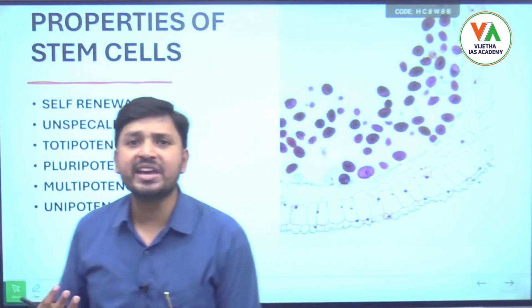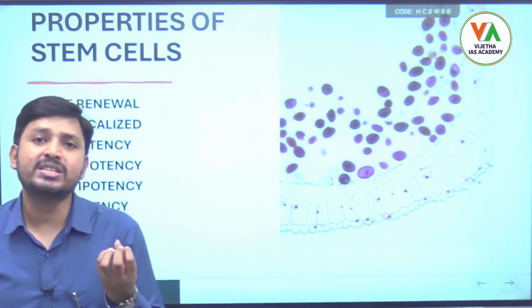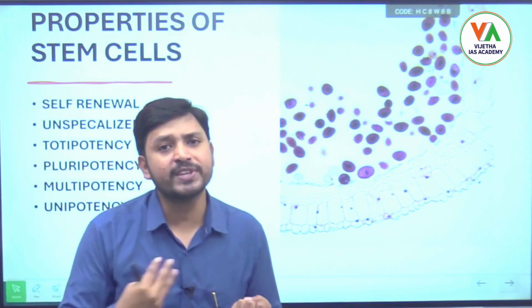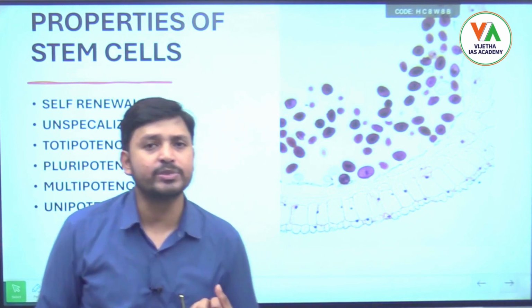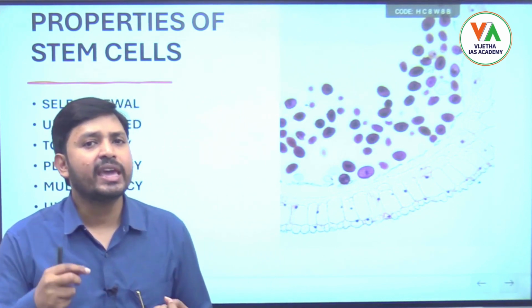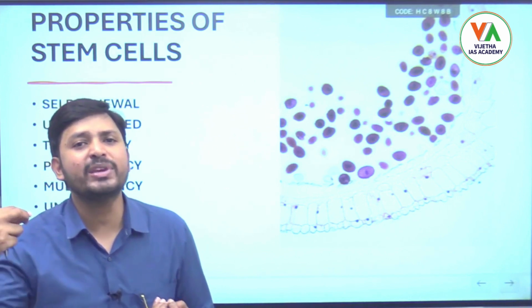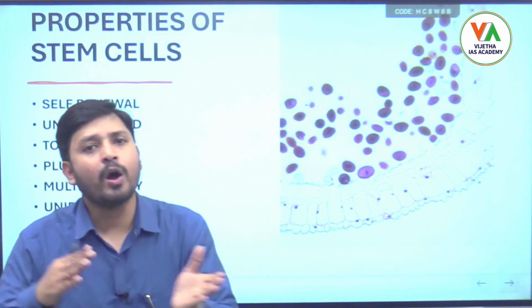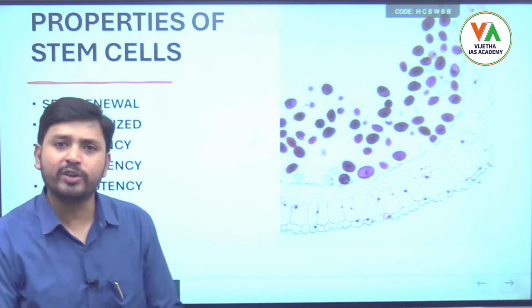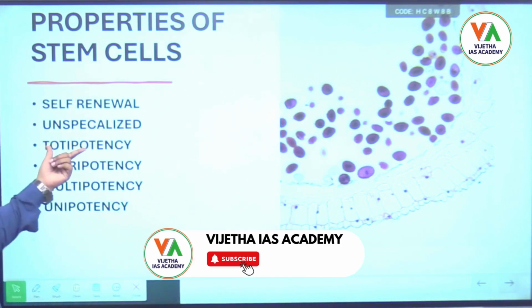Unspecialized means these stem cells can form into any other type of cells in the body. After the blastocyst stage, each and every cell will start becoming specialized, forming into eye or liver or heart or brain or different organs. That's why stem cells are unspecialized.